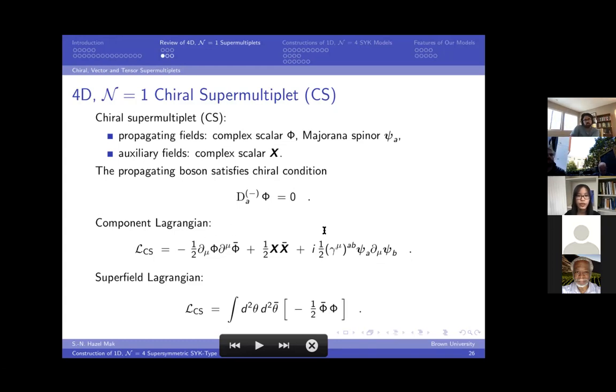Then you can write down a component Lagrangian, which is the kinetic terms, the free theory. In superfield language, it can be written like this. This is the Kähler potential, integrated over the whole superspace. So this is the kinetic term for the chiral supermultiplet.